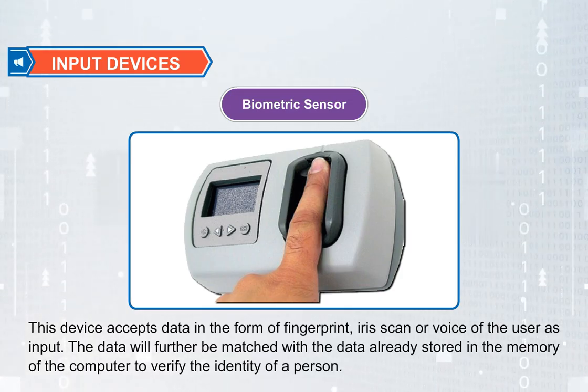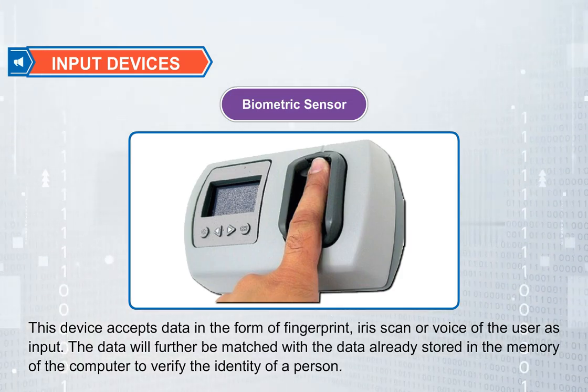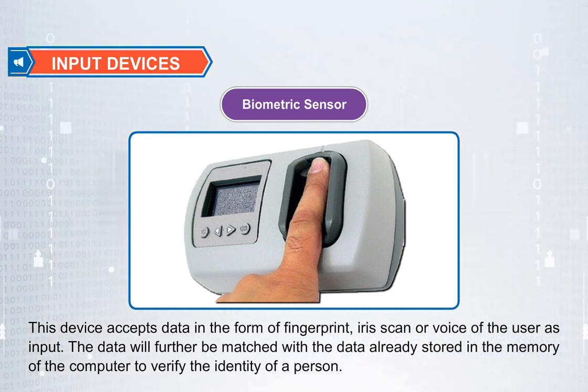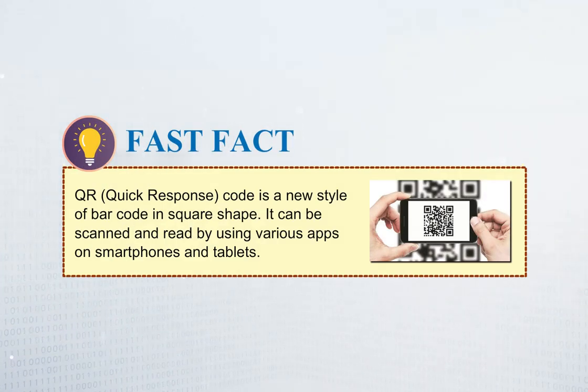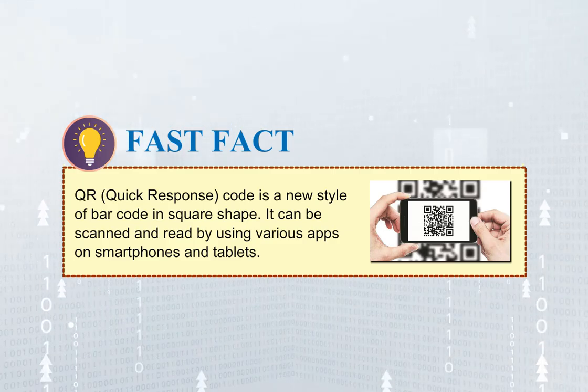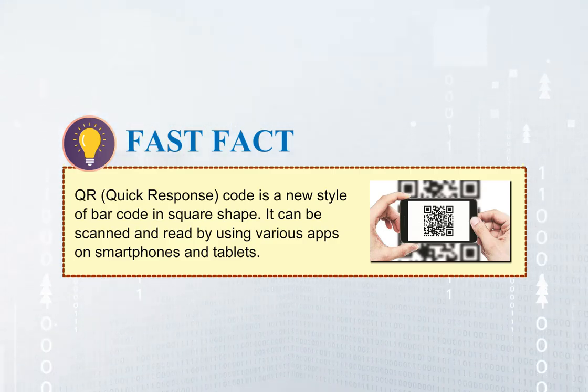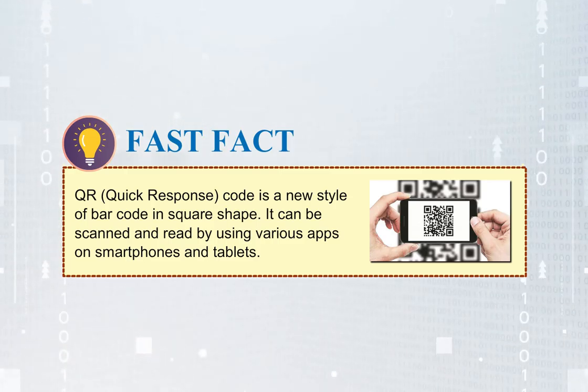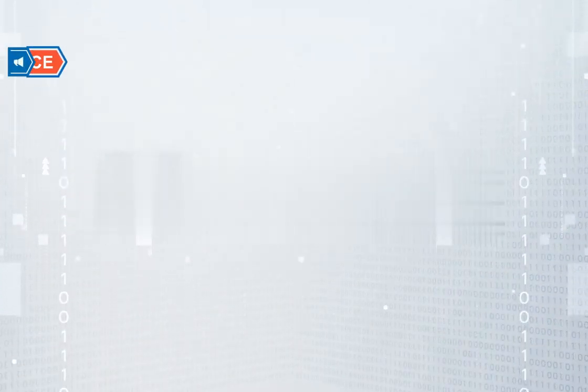The data will further be matched with the data already stored in the memory of the computer to verify the identity of a person. Fast Fact: QR, Quick Response Code, is a new style of barcode in square shape. It can be scanned and read by using various apps on smartphones and tablets.